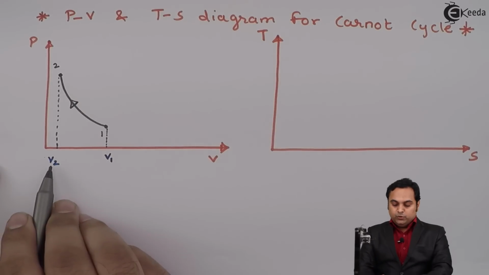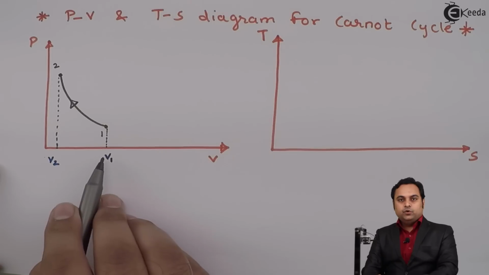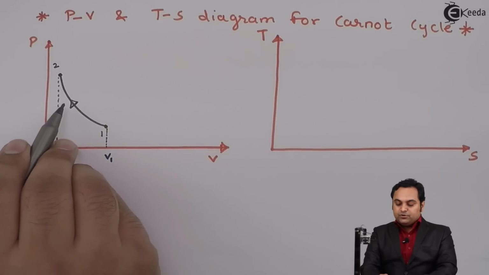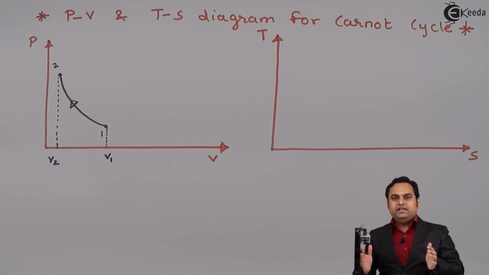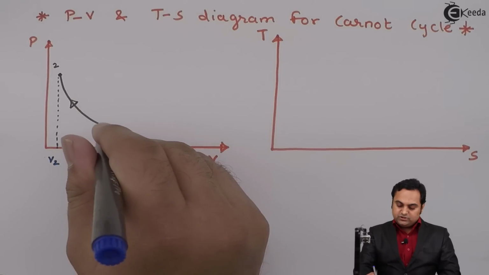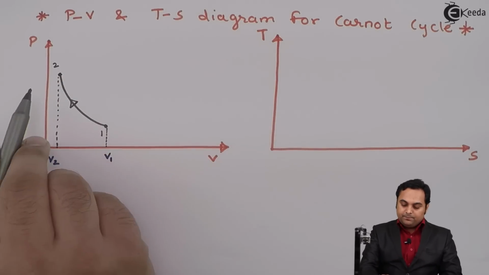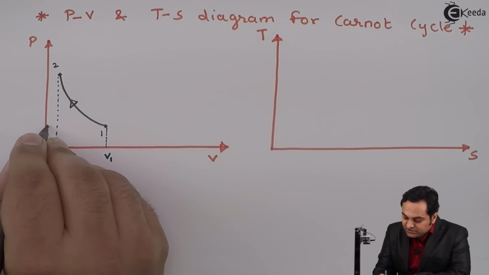So V2 value is less, V1 is more. It means compression process has taken place, air has been brought inside the engine and then compressed.